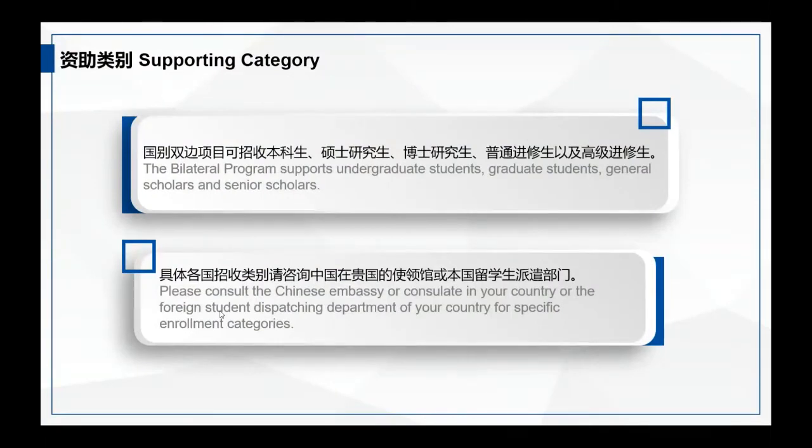As for the supporting category, it supports both the degree program and the non-degree program, which covers undergraduate students, graduate students, general scholars, and senior scholars. Please consult the Chinese embassy or consulate in your country or the foreign student dispatching department of your country for specific enrollment categories.